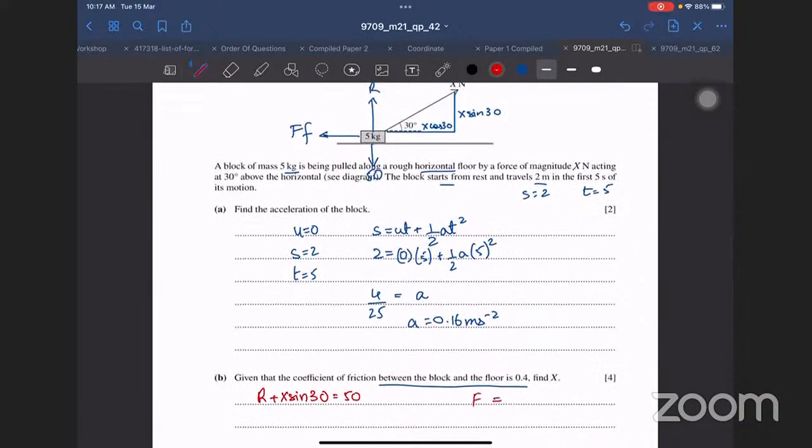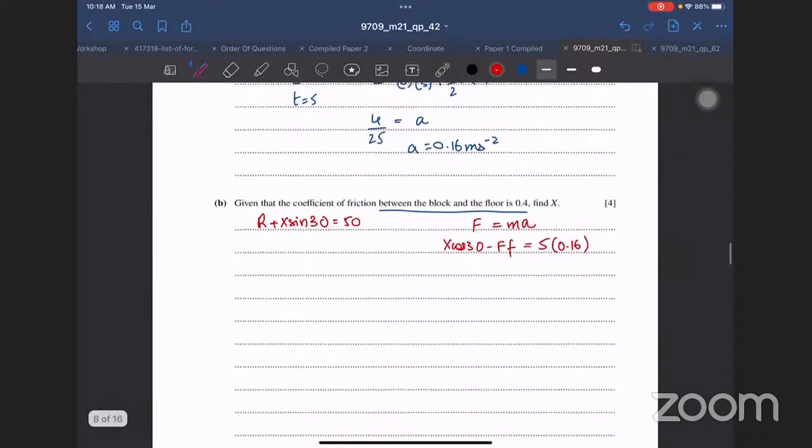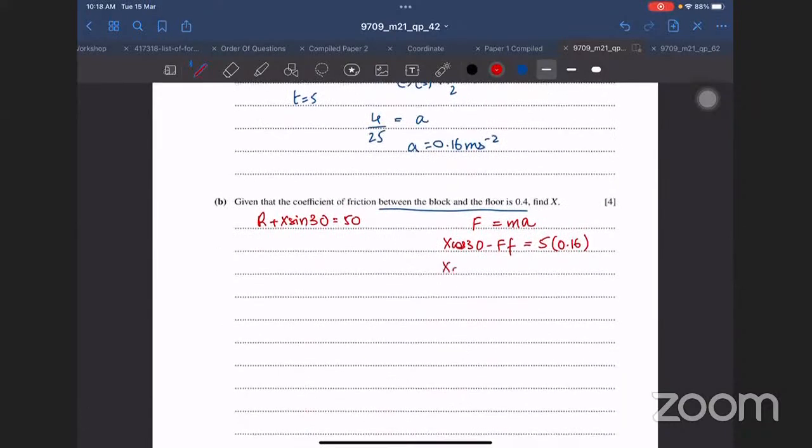For the horizontal portion, F equals ma. x cos 30 minus the frictional force equals ma, 5 into 0.16, which is 0.8.